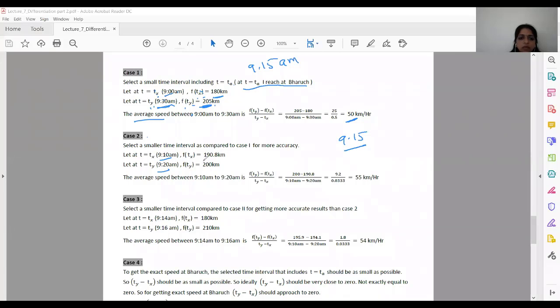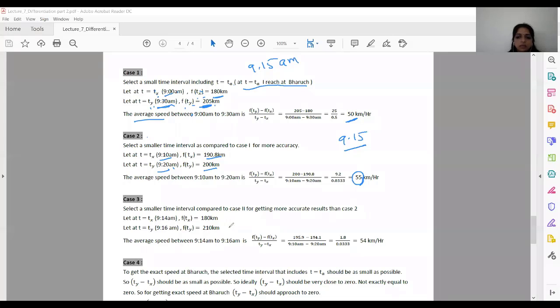At 9:10 the total distance covered is 190.8. At 9:20 the total distance covered is 200. By substituting all values in the same formula, we get the answer 55.